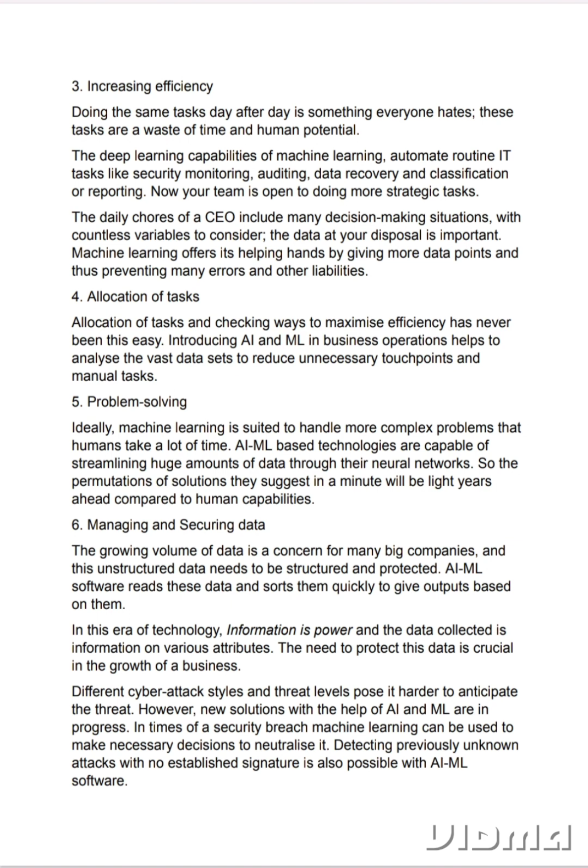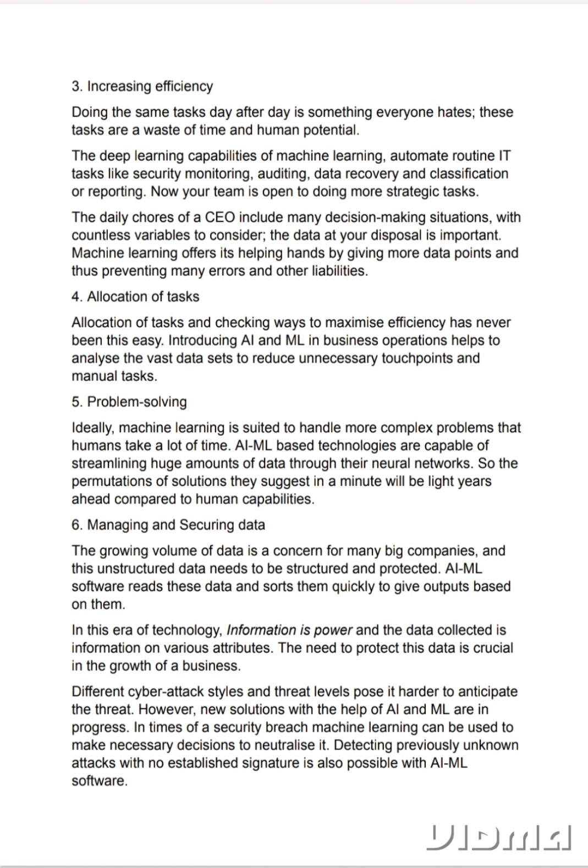4. Allocation of tasks. Allocation of tasks and checking ways to maximize efficiency has never been this easy. Introducing AI and ML in business operations helps to analyze the vast data sets to reduce unnecessary touch points and manual tasks. 5. Problem solving.